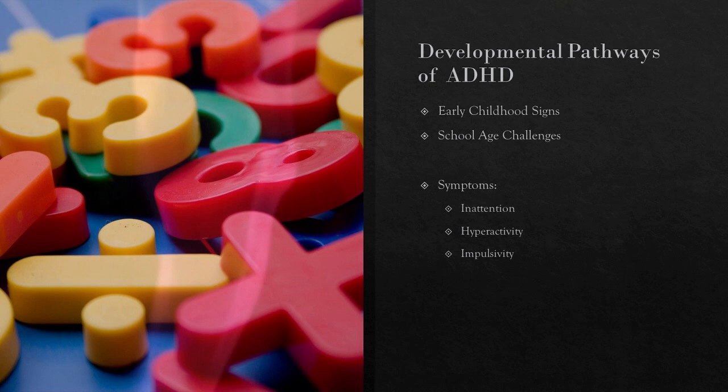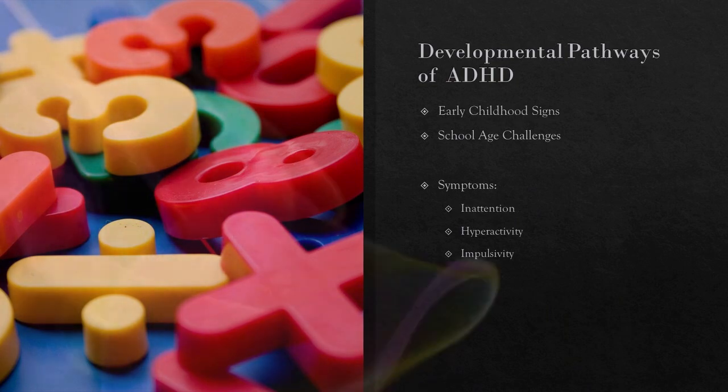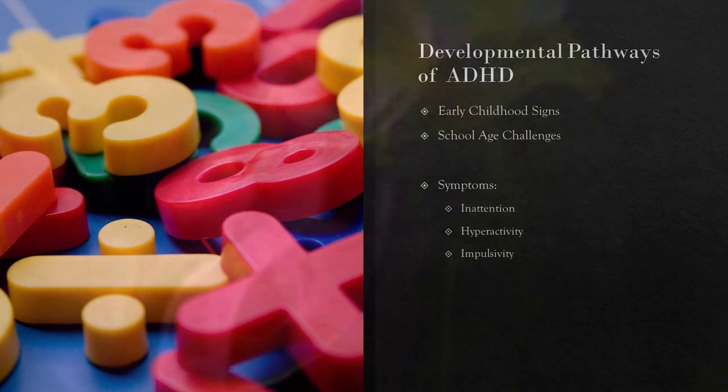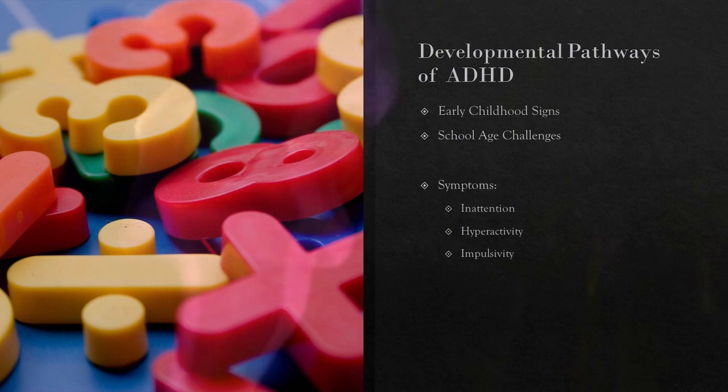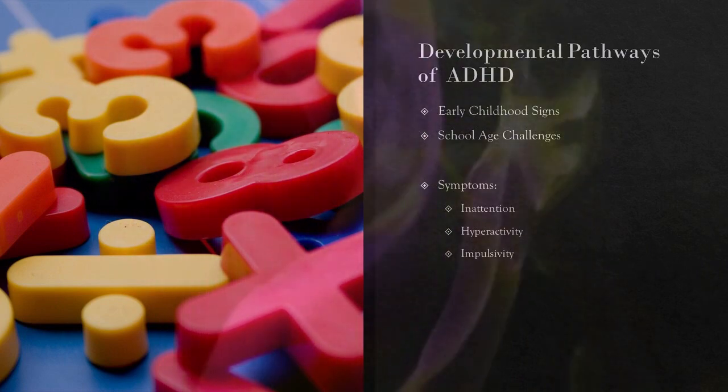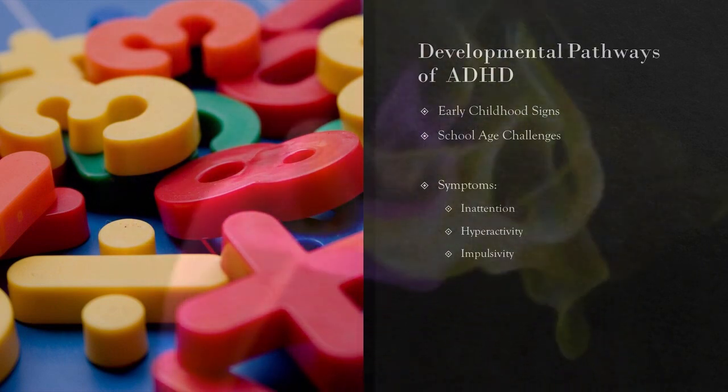Now, as far as the developmental pathways and symptomatology associated with the disorder, I think it's important to recognize some of these developmental pathways. So in early childhood, what should we be looking out for?